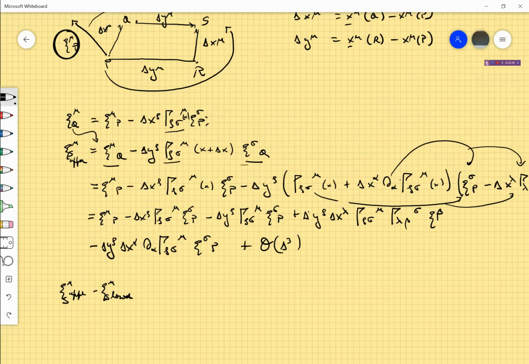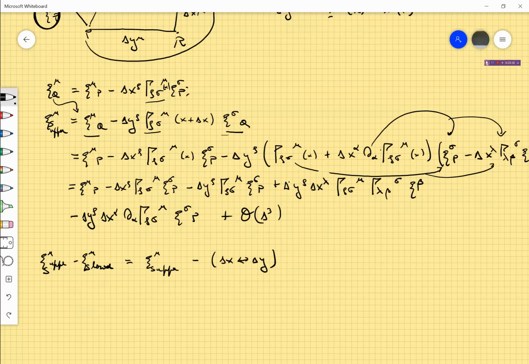But the only difference between the upper path and the lower path is the order in which I take these displacements delta y mu and delta x mu. So really what I have to compute is this, which I have already computed, psi upper minus whatever I get by interchanging delta x and delta y.